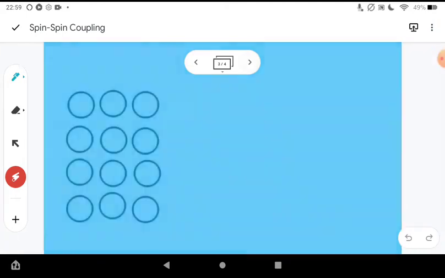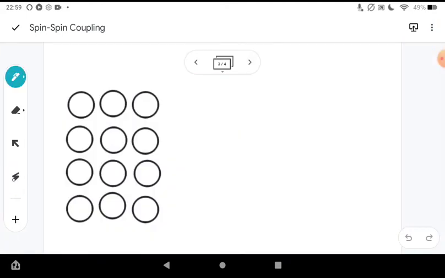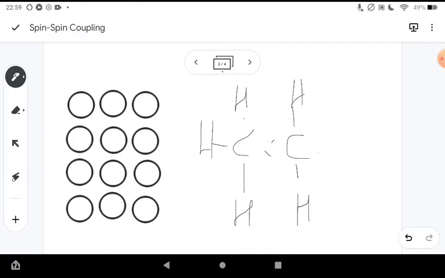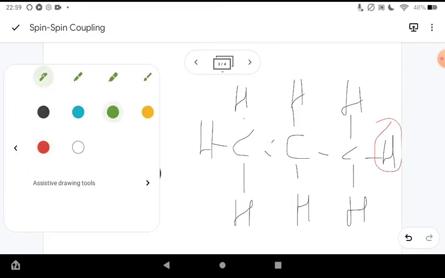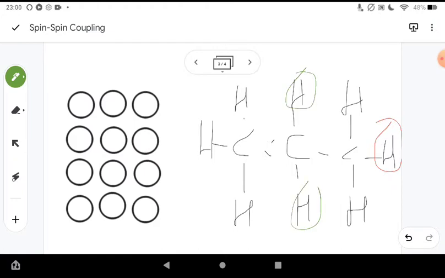Let's have a look at another example just to try and prove this. Let's take propane. Same thing, this hydrogen here, its adjacent hydrogens are these two. So this now has two adjacent hydrogens.